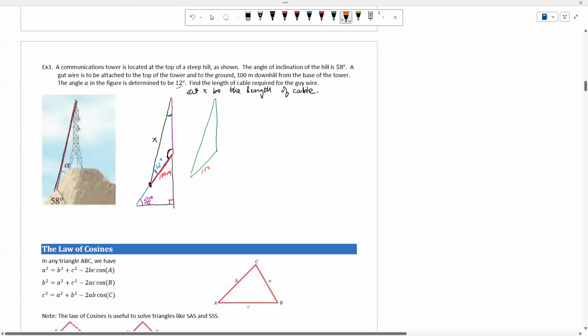So we have 100 here, and this angle right here is 12 degrees. Now let us try to see if we can find this angle. If I know this angle is 58 degrees, then of course I will be able to find this angle.